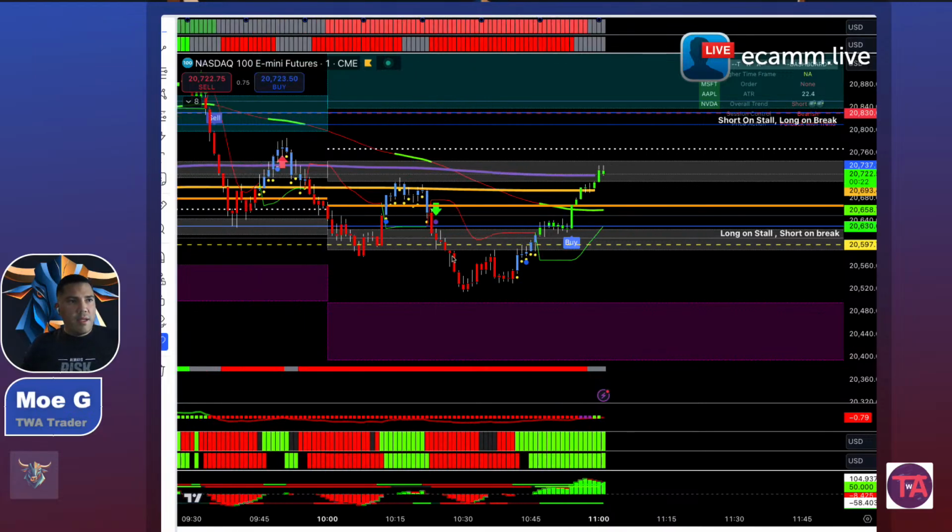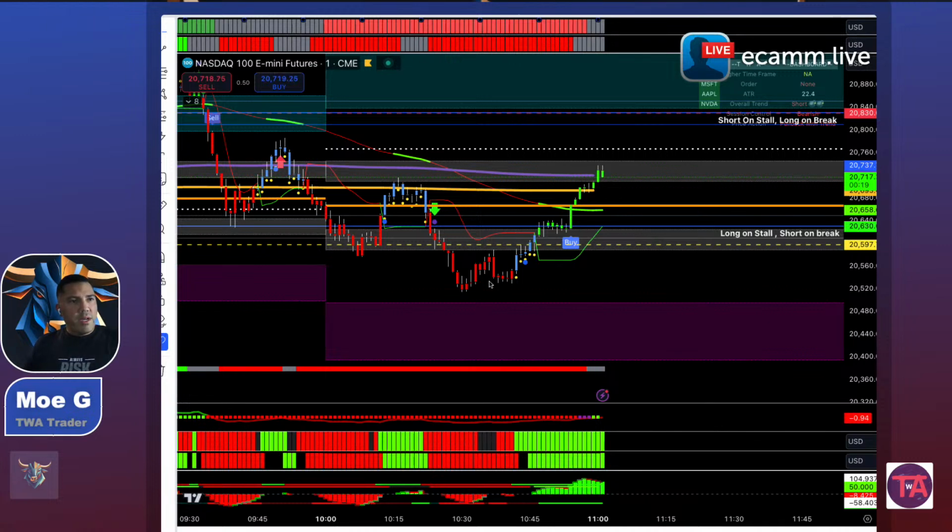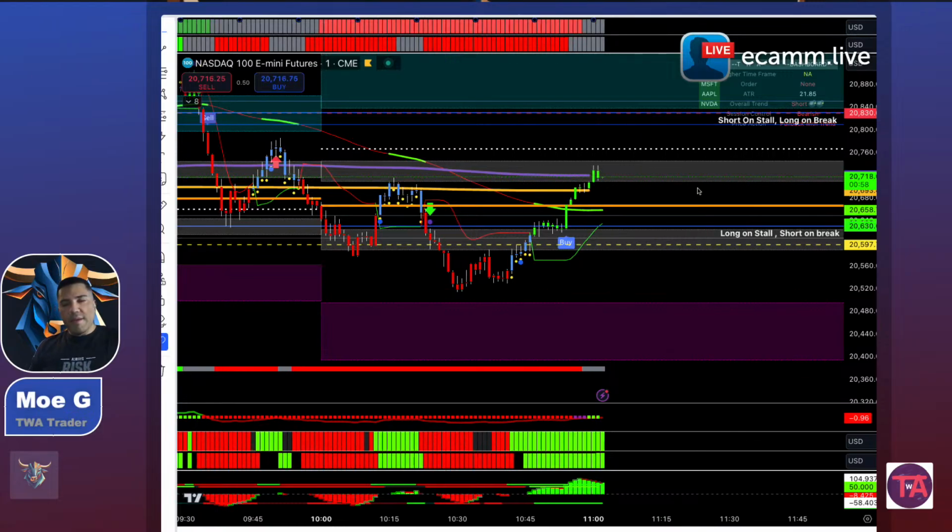You had the context. Price is considered cheap. You can see the Bears ran out of steam, and then the Bulls jumped right in. They broke through that area, that yellow line that I told you about. As soon as they broke through, they consolidated here. You got the buy sign right at the long unstalled level, and bang.